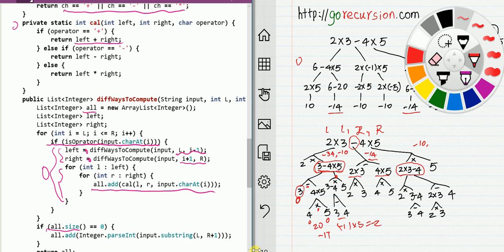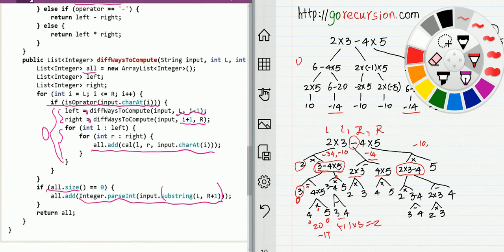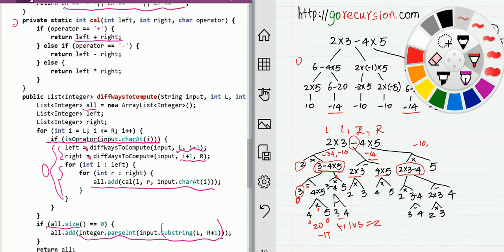So when the size is 0, we add the number here. This is a substring from left to right. So here it would return a 2. So that's the solution. It's very, very easy.